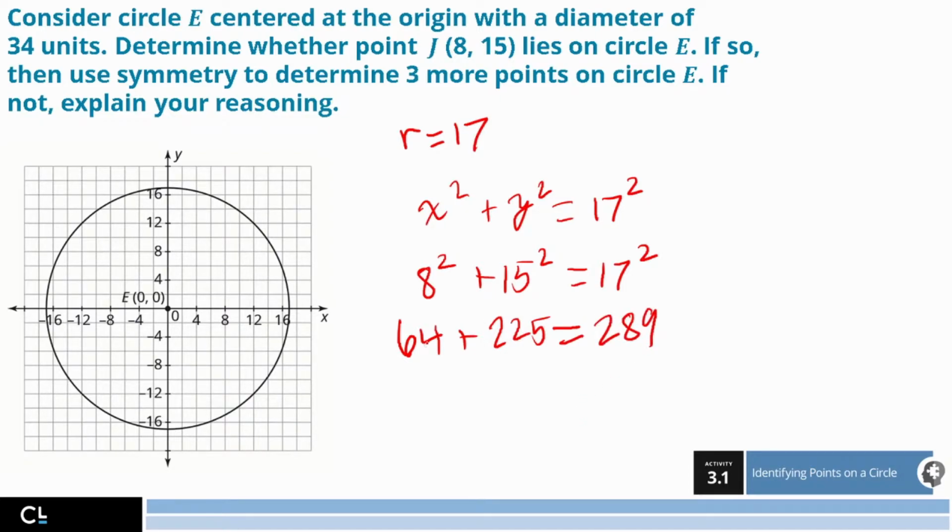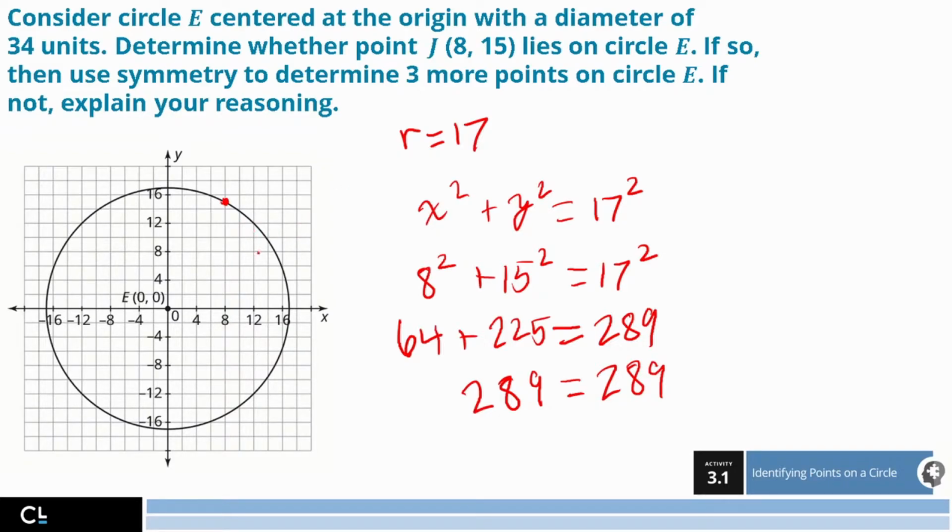So now we just have to add 64 and 225, and that's going to give me 289 equals 289. So is point 8, 15 on the circle? Yes, it is. So 8, 15 right here is going to be on the circle.